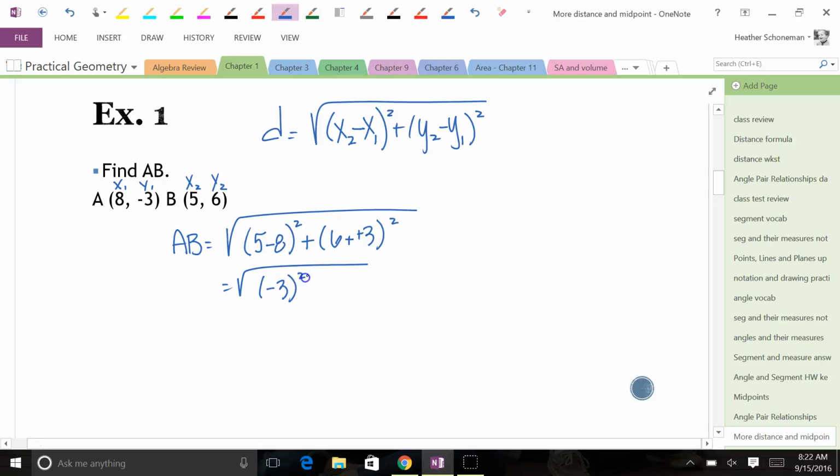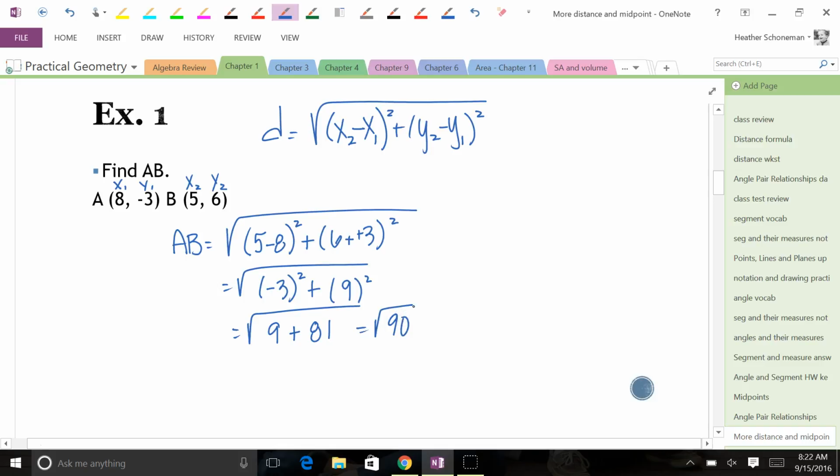Negative 3. So we have negative 3 squared plus 6 plus 3 is what? 9 squared. So negative 3 squared is positive 9. 9 squared is 81. So I get the square root of 90.